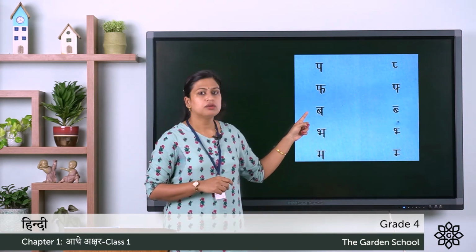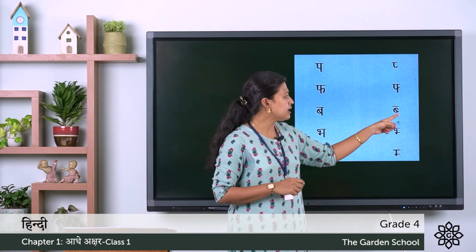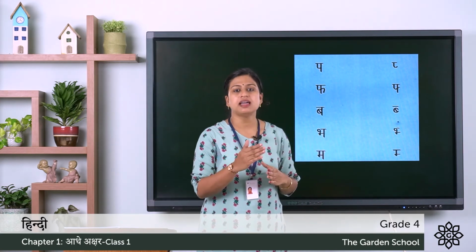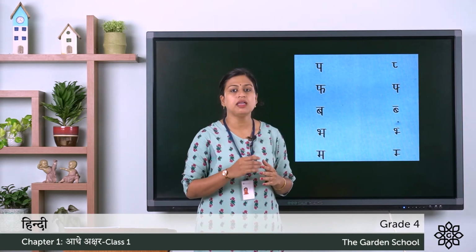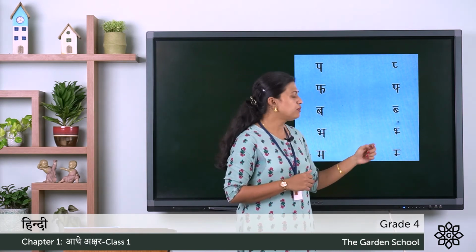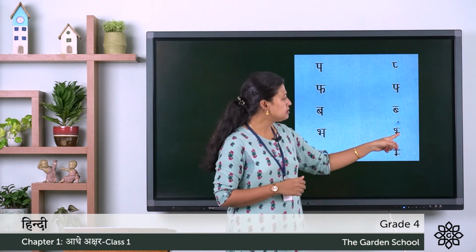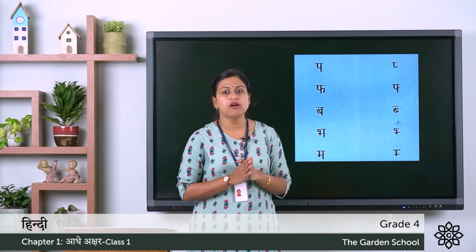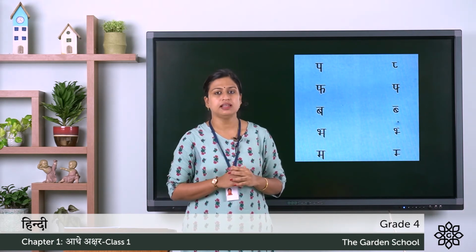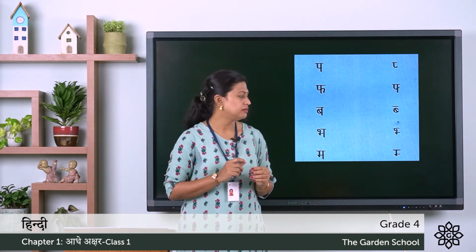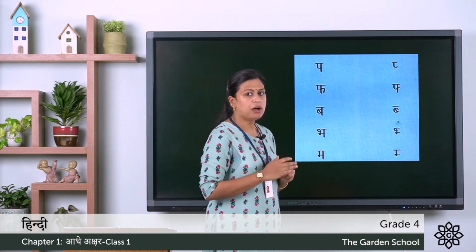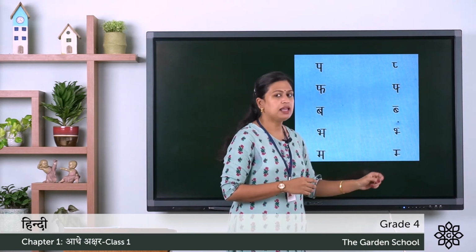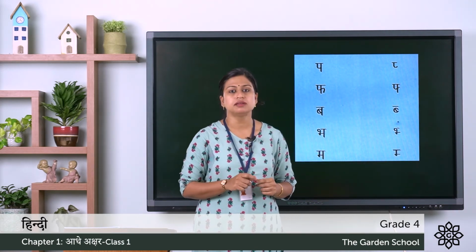Next one is Ba, and here you can see the half form, the standing line is missing and we say Ba. Next one Bha, and here also you can see the half form, there is no standing line and we pronounce Bha. Next one Ma, the standing line is missing here and we pronounce Ma.